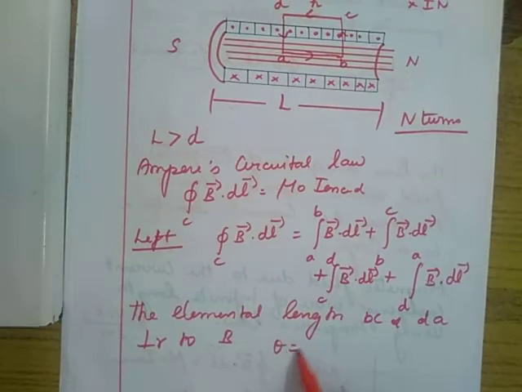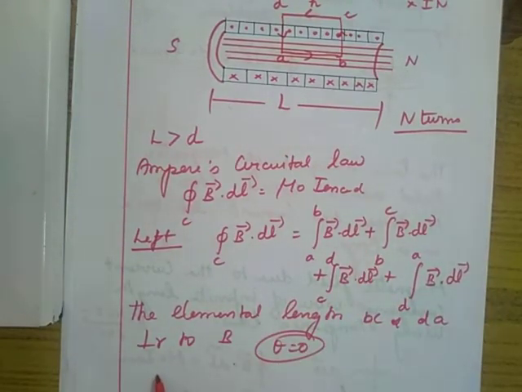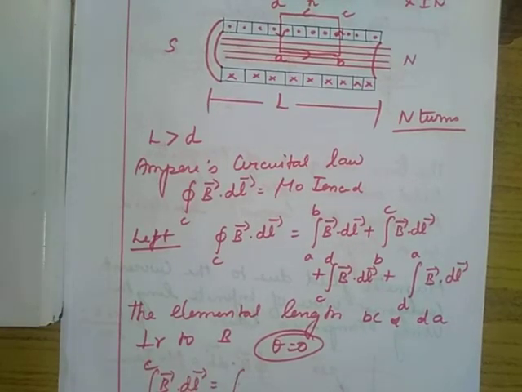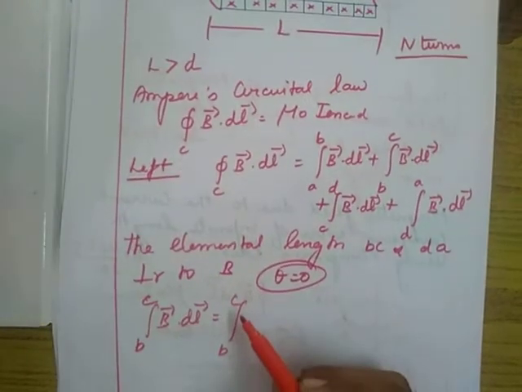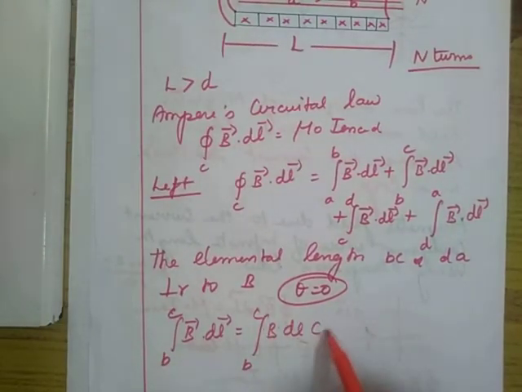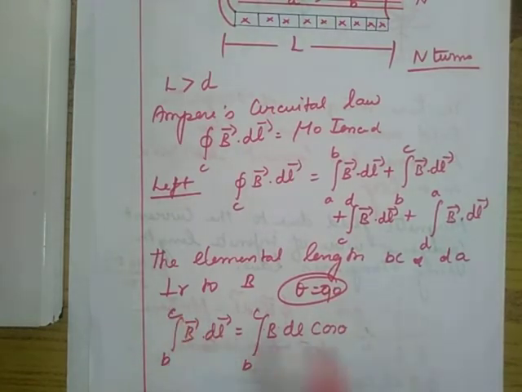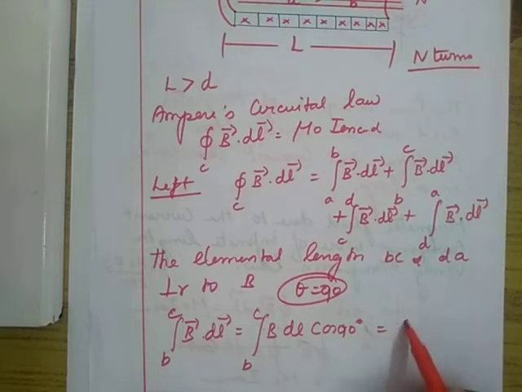For the second term, the integral from B to C of B vector dot dl vector is equal to the integral of B dl cos theta. Sorry, theta is 90 degrees, perpendicular. Cos 90 becomes 0, so the entire value becomes 0.